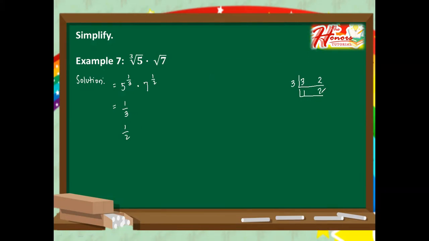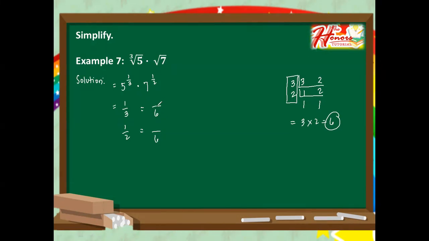So bring down 2. And then think again of a prime number that can divide 2. That's 2. So bring down 1 since it is already 1. 2 divided by 2 is 1. And then what you are going to do is to multiply the prime numbers that you get. So you have here 3 times 2, that is equal to 6. So therefore, your new denominator is 6.